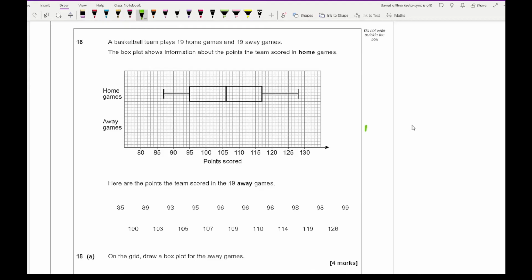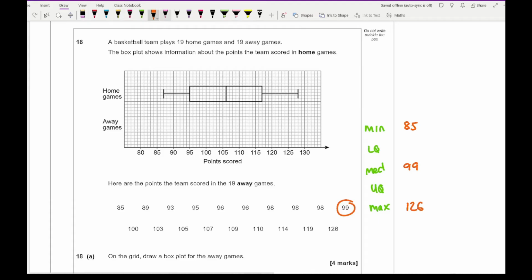In order to draw my box plot, I need 5 bits of information: the minimum value, the lower quartile, the median, the upper quartile, and the maximum value. So for this, the minimum value I know is 85 and the maximum value is 126. Now to find the median value, I find the middle number, which is going to be 99.